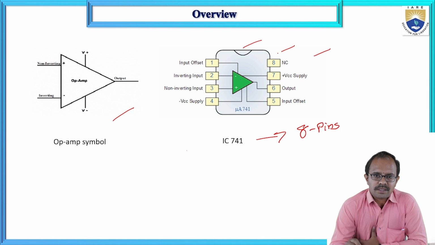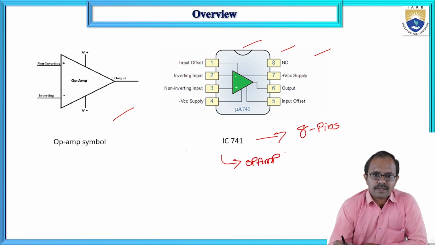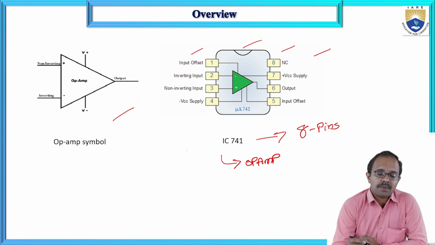And what are the pins available in IC741, which is nothing but op amp, operational amplifier. If you look at the pin diagram, pin 1 represents input offset, which we have seen as one of the important parameters of operational amplifier.